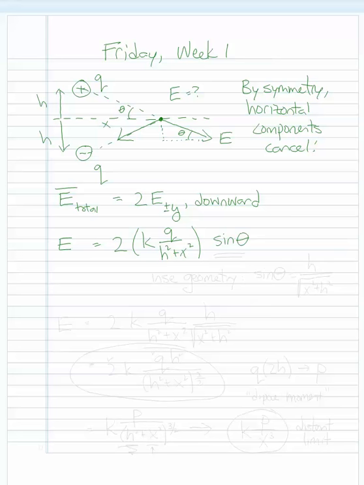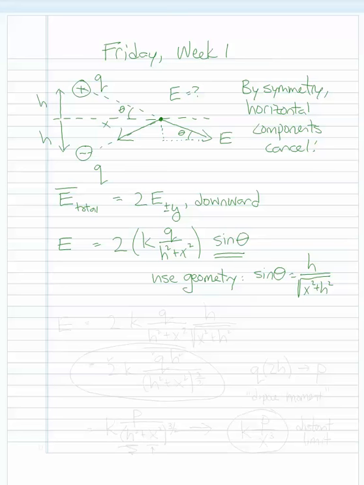But of course, we don't have sine theta in the problem as it's given, and so I use the geometry to show that sine theta is, let's see, sine is opposite h over the hypotenuse, which is x squared plus h squared again.